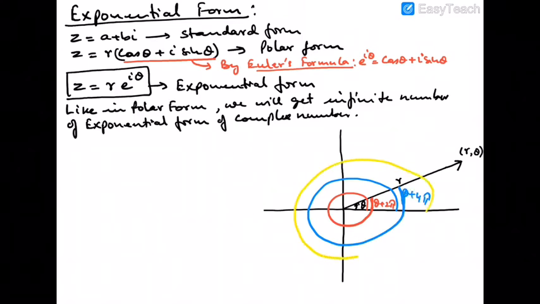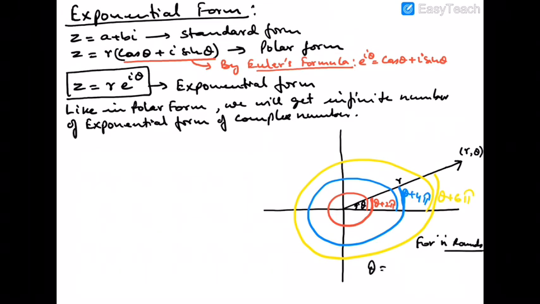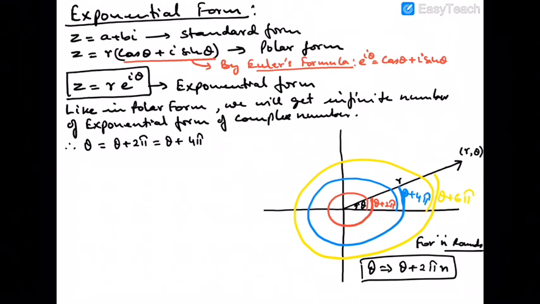For the third round we will make theta plus 6 pi, and so on. So for the nth round we will make theta plus 2 pi n. Now all these thetas, that is theta, theta plus 2 pi, theta plus 4 pi and theta plus 6 pi, or for the nth round theta plus 2 pi n, are all equal, or they will give us the same result.